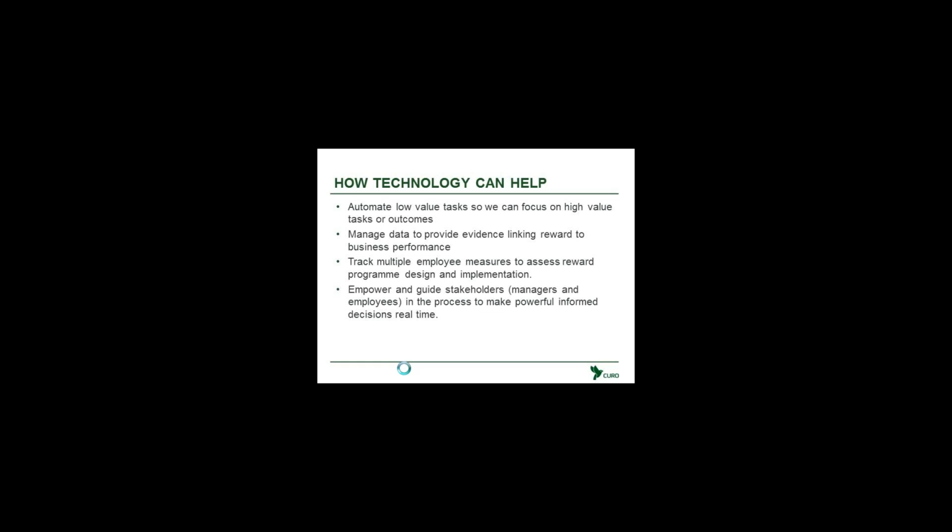And it can help you to track multiple employee measures to establish whether reward program design and implementation is being successful. And another key element that we often don't think about as a benefit from technology is around empowering and guiding stakeholders in this process so that they have the information available to make powerful and informed decisions real time.